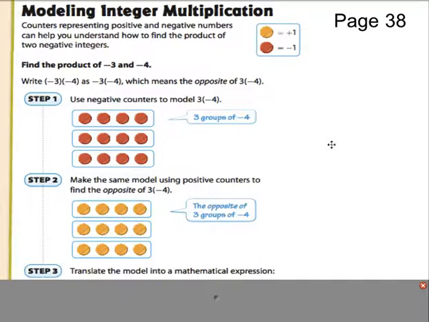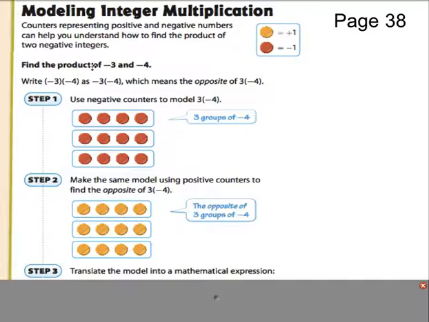Now we're looking at page 38. Modeling integer multiplication. Counters representing positive and negative numbers can help you understand how to find the product of 2 negative integers. So up here we have the yellow counters represent positive numbers and the red counters represent negative numbers.